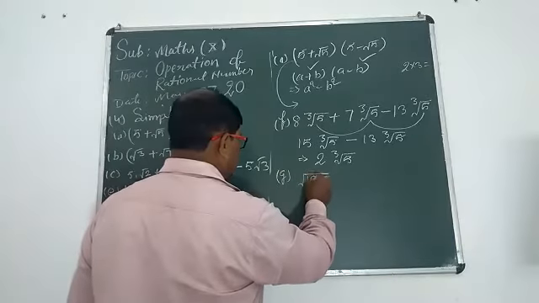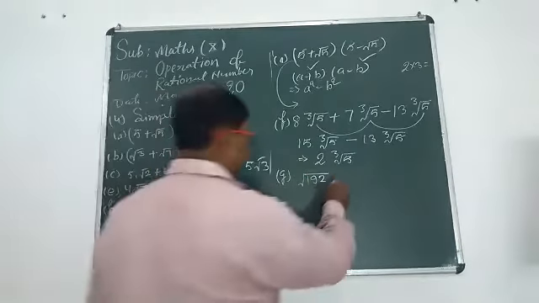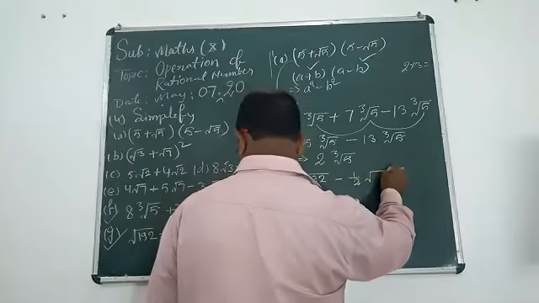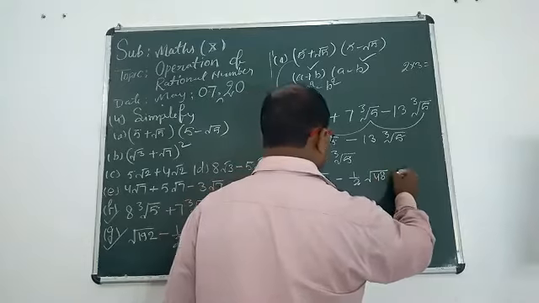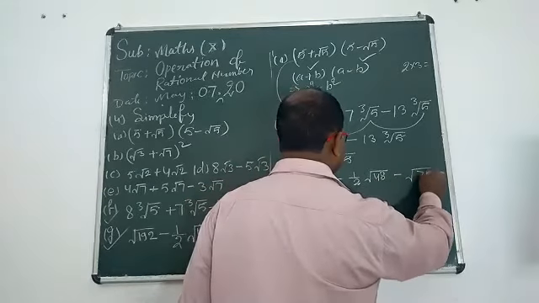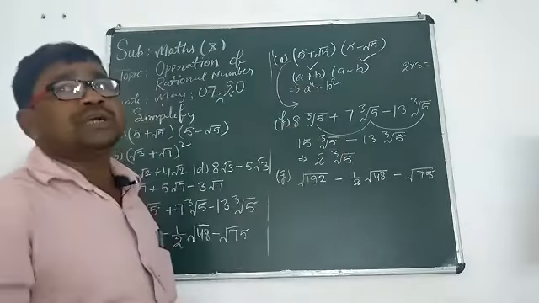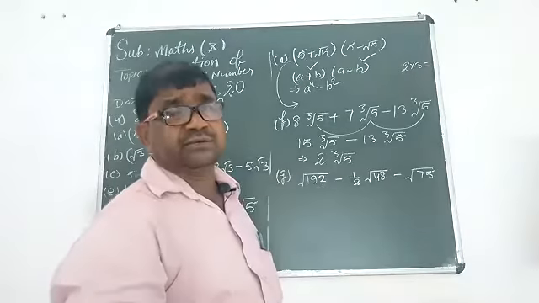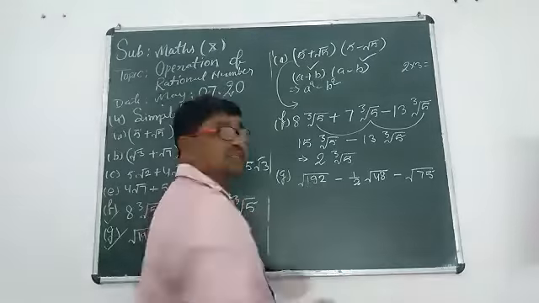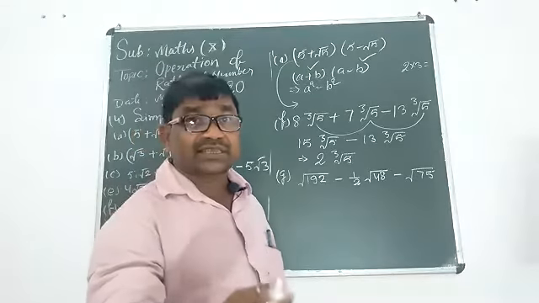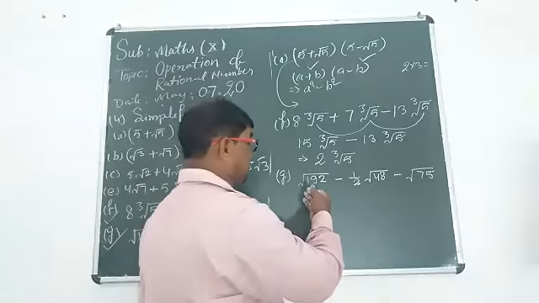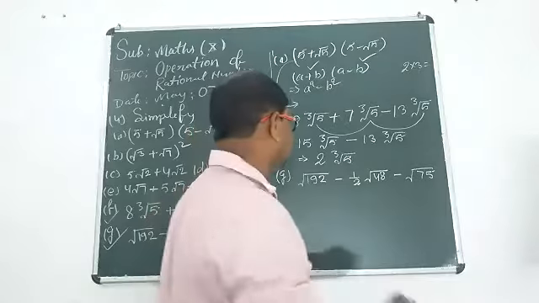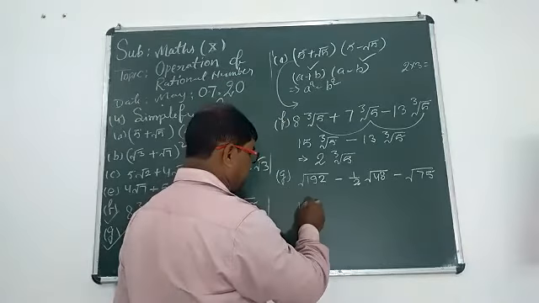Now student, we should think about G. Under root 192 minus 1 upon 2 into under root 48 minus under root 75. Now, how can you simplify it? First, we should go for prime factorization, okay? And try to change them into their mixed surd first of all. Suppose that you are finding the prime factors of 192.